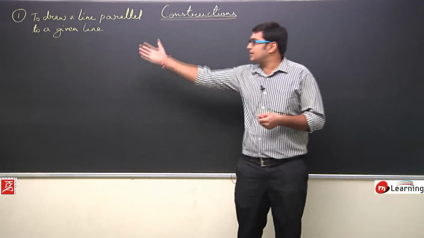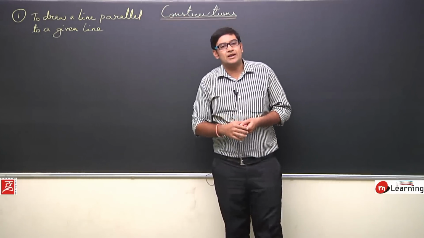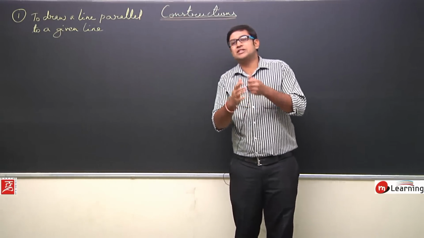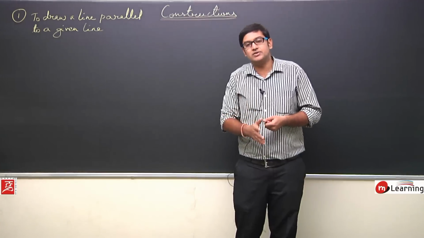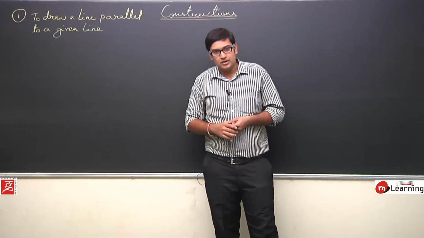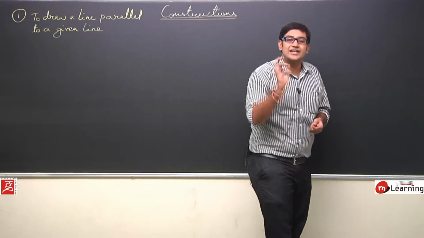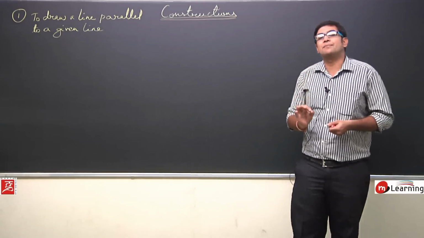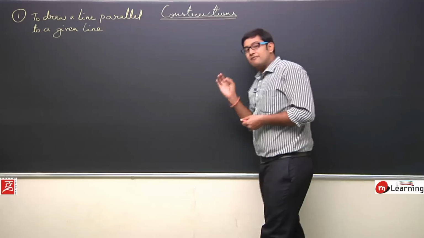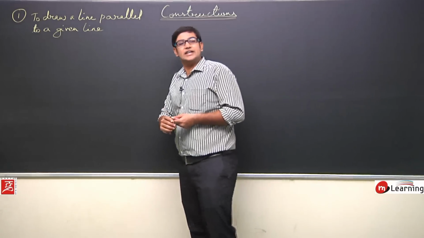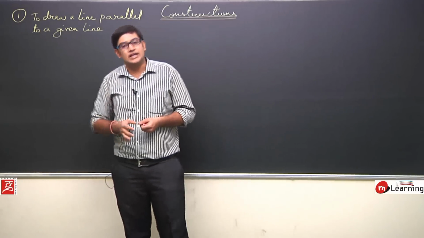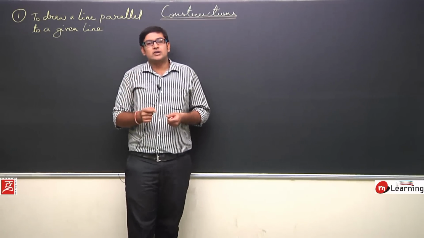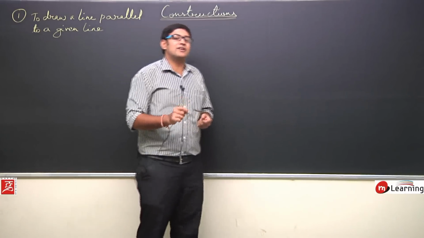For example, if I am talking about drawing a parallel line, then I will let you know some steps of construction by which you can construct a parallel line. But I will also tell you the reason why these steps are followed, and why the line that we have constructed is parallel to the given line, because to understand the reason is also very important.